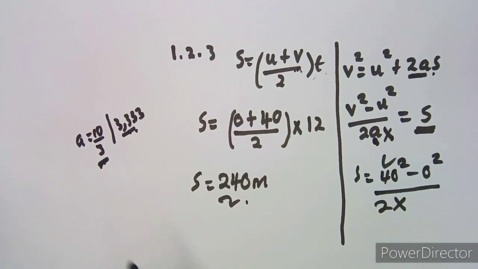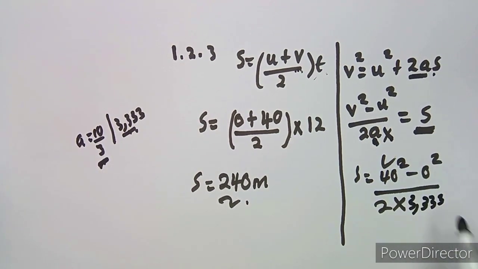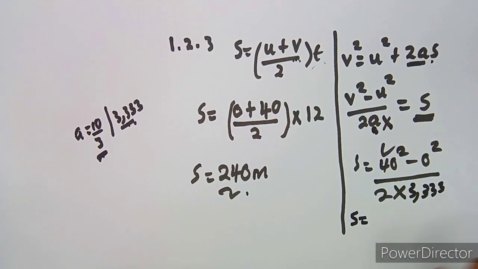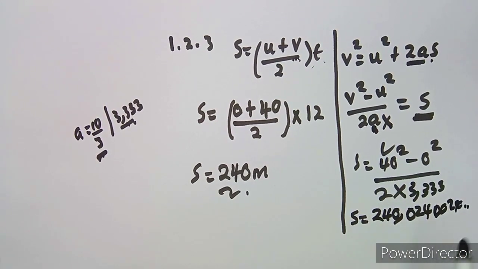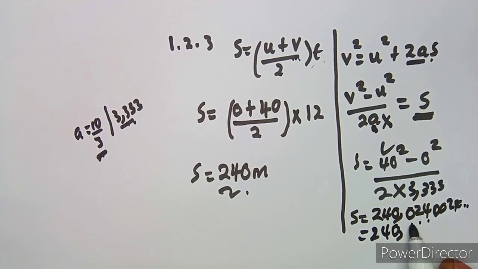So if you use 3.333 like this, still your answer is going to be the same, but it will be slightly different because it will be 240.024, something like that, which is 240.024 to 3 decimal places.